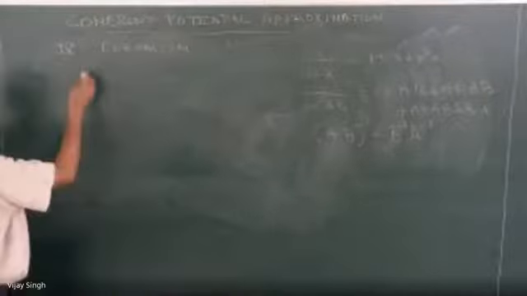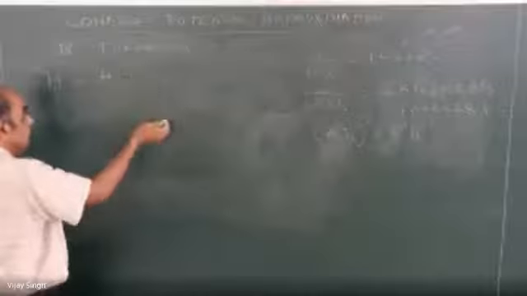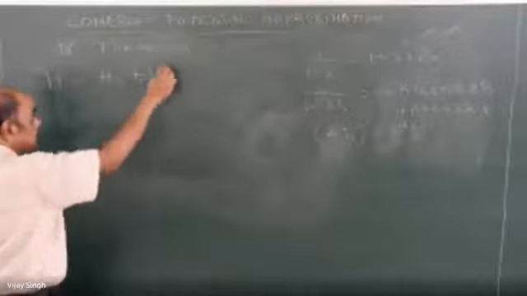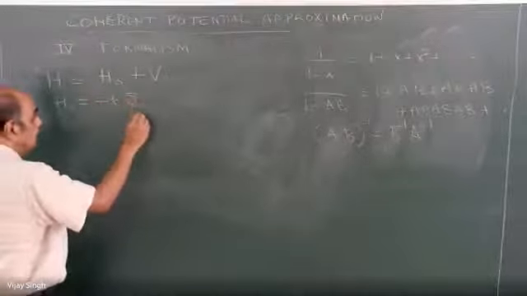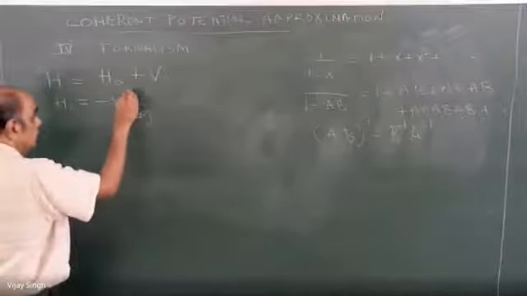So you have the Green's function, if there is a Hamiltonian. In our case, our Hamiltonian is H0 plus V, where my H0 is equal to minus T sum over I not equal to J, nearest neighbor.